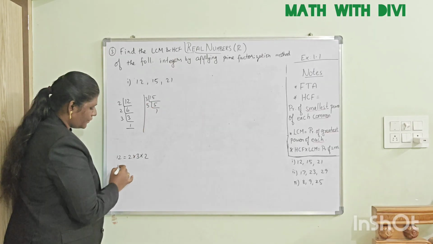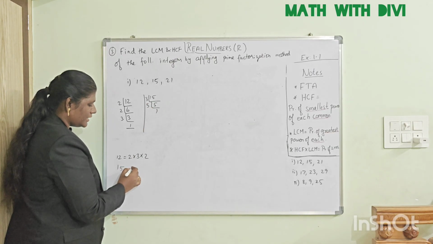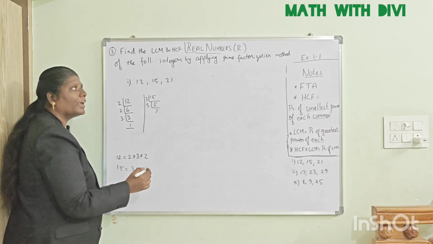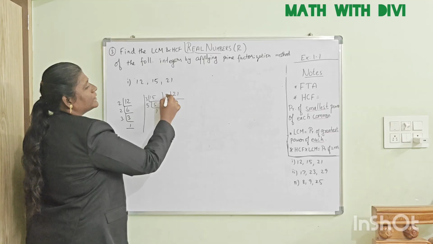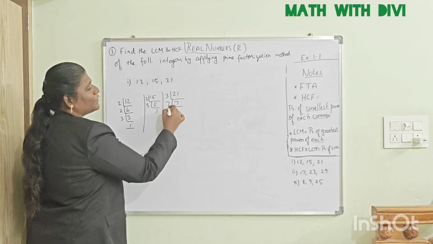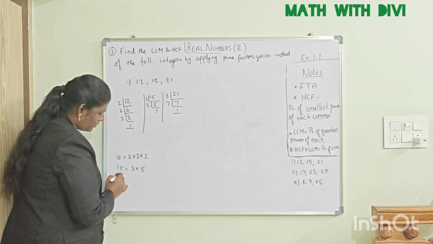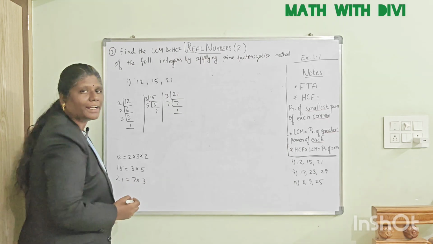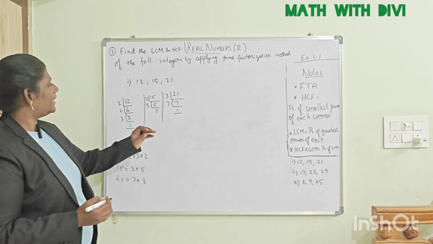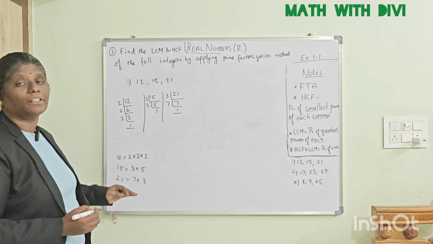So 15 can be written as 3 into 5. And the third one, 21: 7 is also a prime number, so 21 can be written as 7 into 3. So we have written them in prime factorization method.